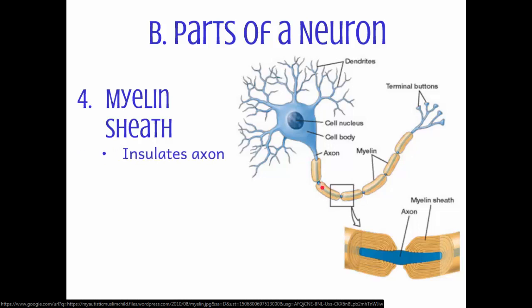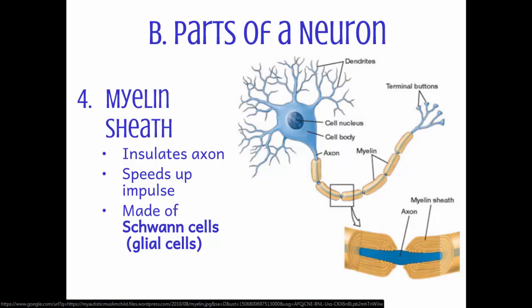Let's talk about the myelin sheath. It insulates the axon, and if you think about what insulation does, it protects it, and it allows the impulse that's being sent to go faster than if it were unmyelinated. So it's going to speed up an impulse.